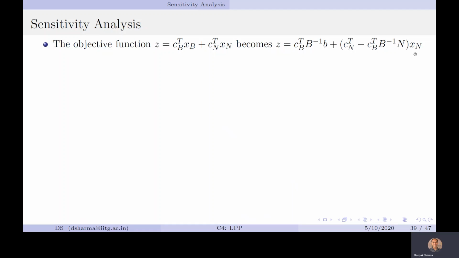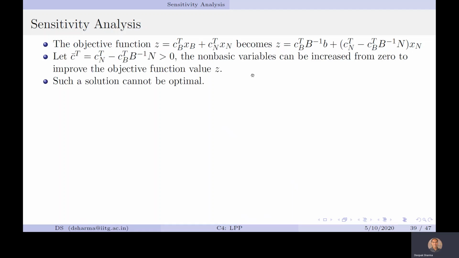Now this xN is the set of non-basic variables. Let us come to the second point: say C bar transpose equals the terms written in the bracket, if it is greater than 0.